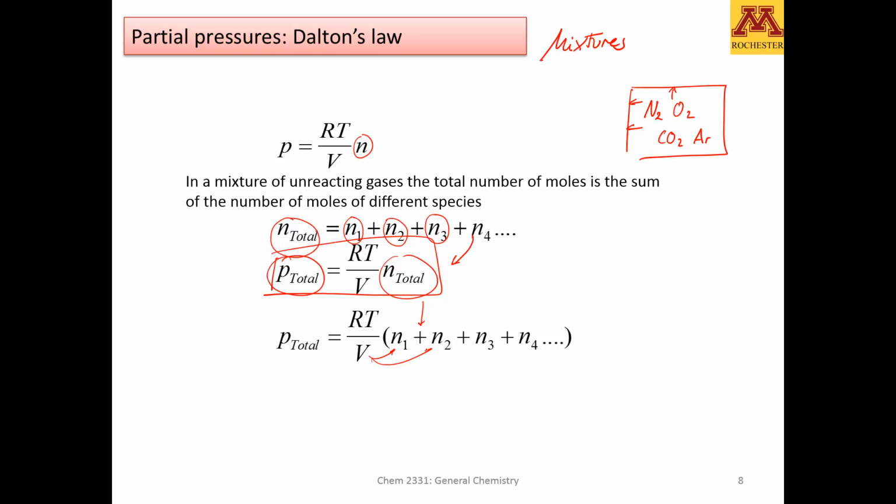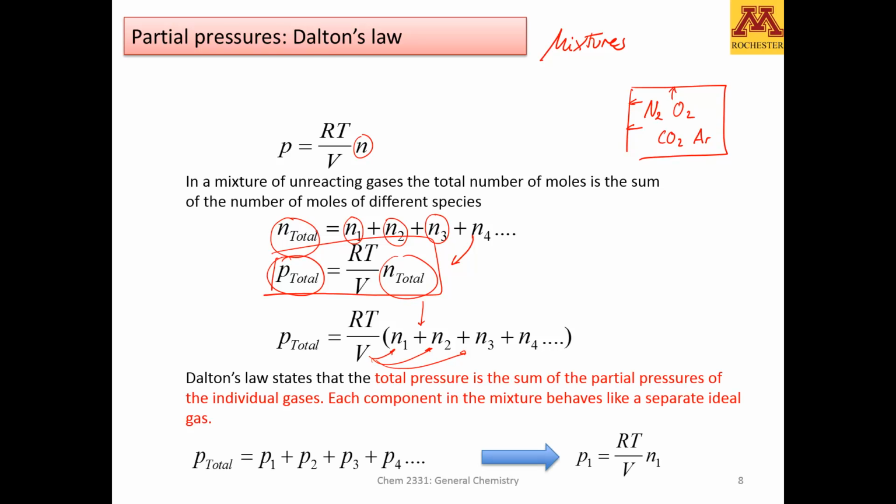Applying the distributive property, you end up with tiny ideal gas laws for each of the components, so that the total pressure would be equal to the sum of what we call the partial pressures, the partial pressure for each of the components.